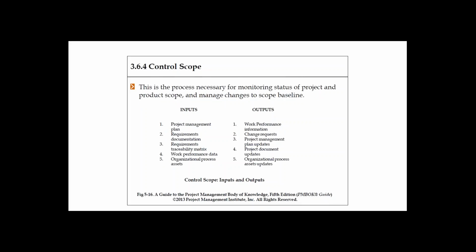Control scope means you are monitoring the status of the project and product scope and managing changes to the scope baseline. If there are any deviations, then you need to open a change request. We will see more into it.